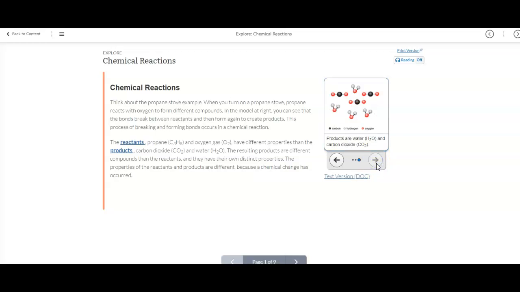And then we have what is produced. So that means products are water, H2O, and carbon dioxide, CO2. So the H2O are these with the little white, and then the carbon CO2 is, remember, with the black. So that gives you an idea. You can visually see the beginning and the end and how those are different.